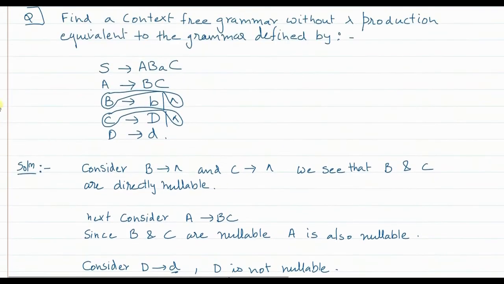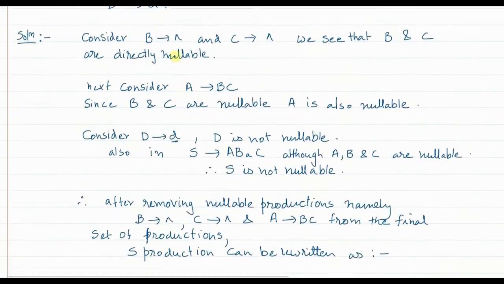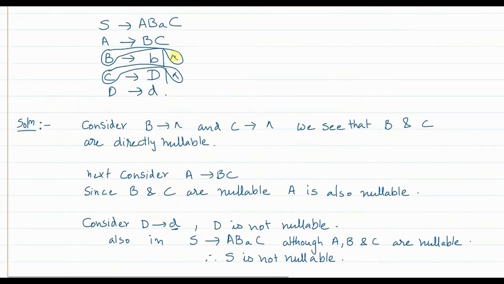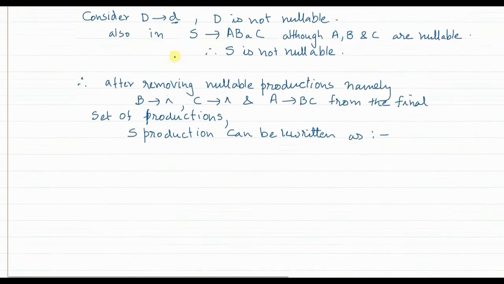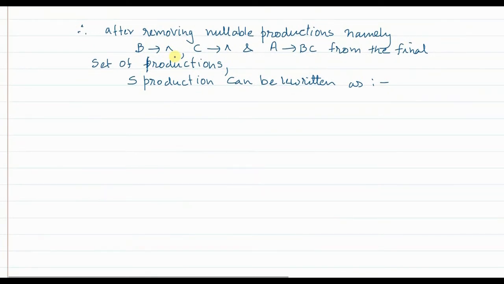Now what happens here is S gives ABAC. Now A, B and C are nullable. So A may exist, A may not exist. B may exist, B may not exist. C may exist, C may not exist. So we will see all the possibilities. So the S production that we have is S gives ABAC, where A, B, C are nullable.